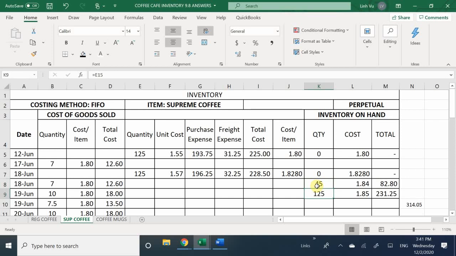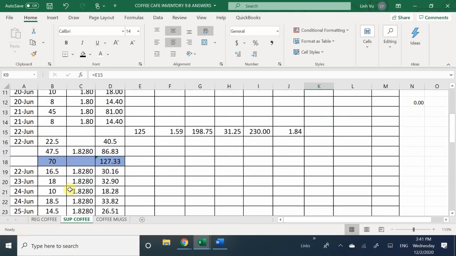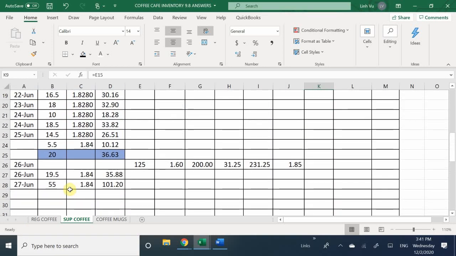Okay, and we will not do the mugs yet. And then I think that is all.